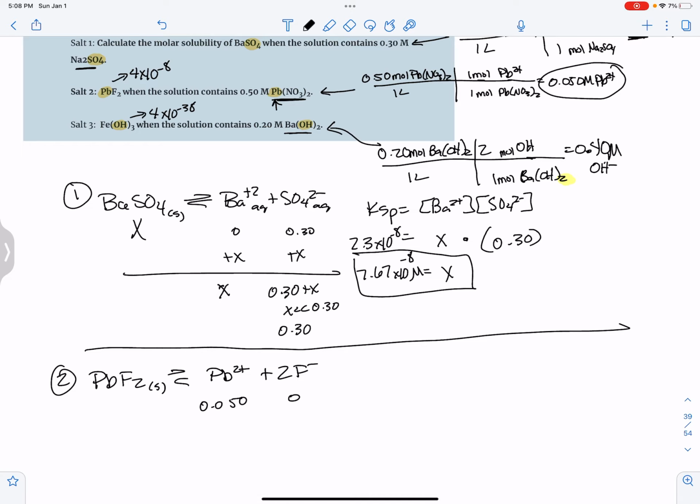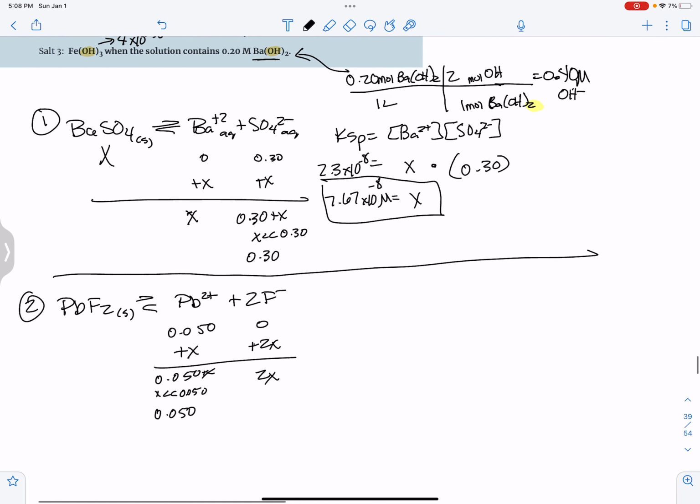I don't have any of that one. Minus x, plus x, plus 2x. 0.050 plus x, but I'm going to assume that x is way, way too small to matter. So I'm just going to put in 0.050. And then this is 2x. The KSP is equal to Pb2+ times F squared.